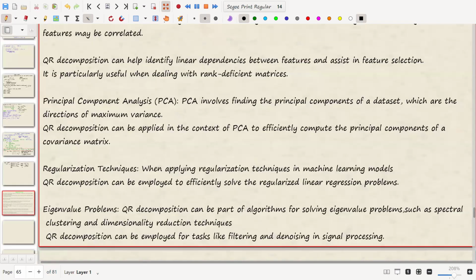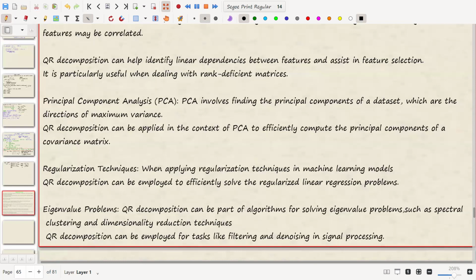If you give a signal, then the QR method will help you denoise the signal. Intuitively, think of the heat map I gave you right now, the animation. You can think of the noise as present in the upper diagonal and lower diagonal elements, and you apply the QR method. What the QR method does is eliminate the entries below the diagonal and gives you the upper triangular matrix only.